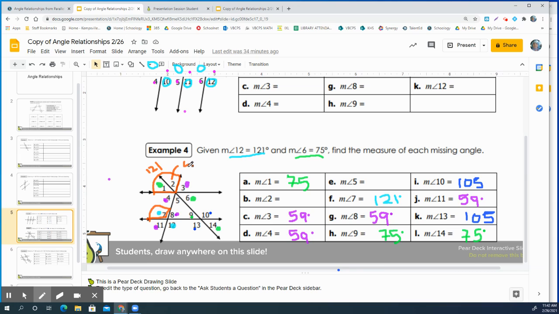Yeah. I did it a different way. How'd you do it? I did 6, 5, and 4, like on the bottom half right there. So I know it was going to equal 180. So I added 6 and 4 together, because I knew 6 is 75 and 4 was 59. Love it. And I think my computer is just lagging. Oh, there it is. It caught up.